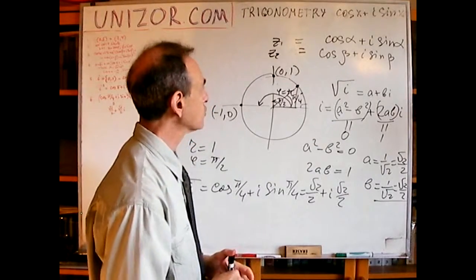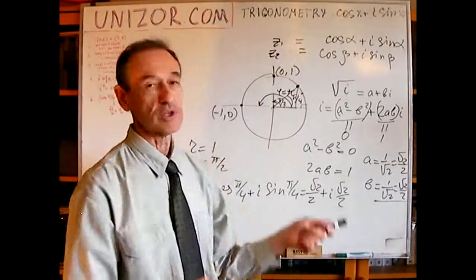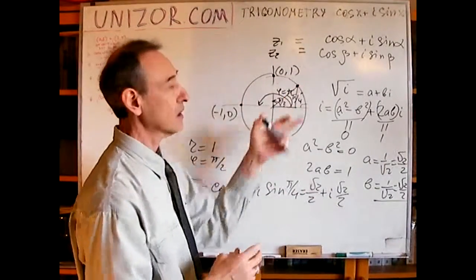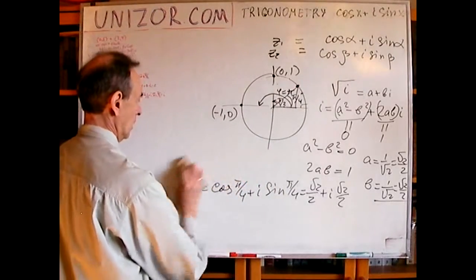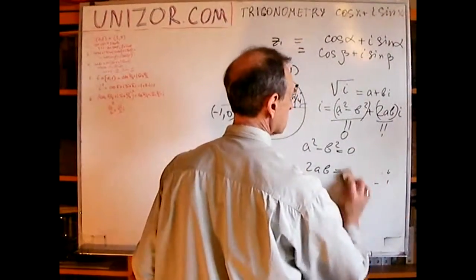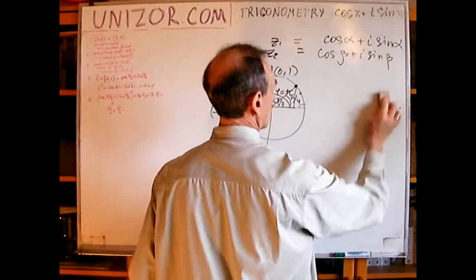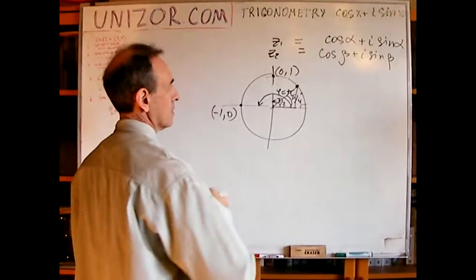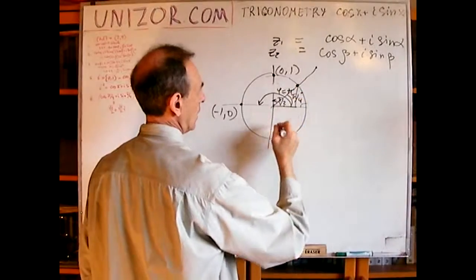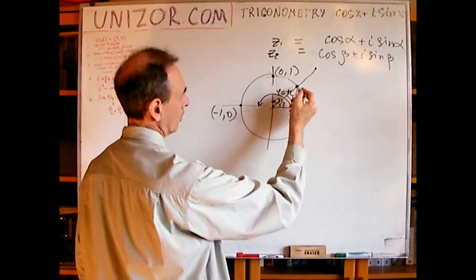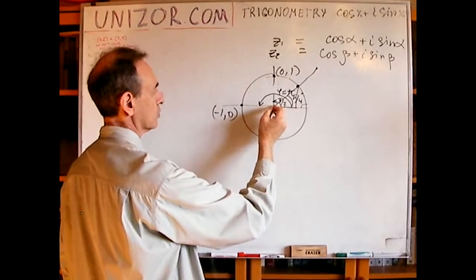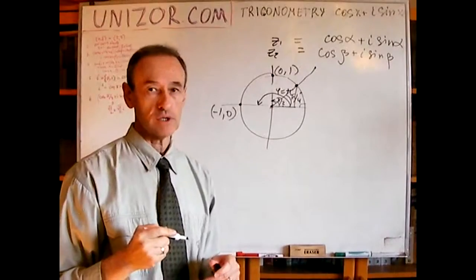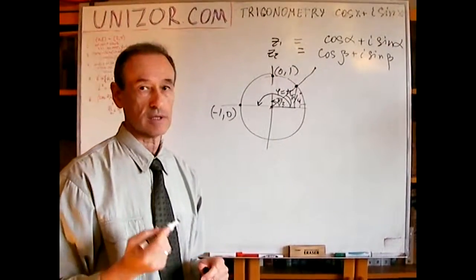Now, I did not really touch on what to do with numbers which are not on the unit circle. But this is really a very easy extension. Because if the number is not on the unit circle, I can always represent it as scaled up, or if it's closer to 0, scaled down, the unit radius, the radius which has the length of 1, right?